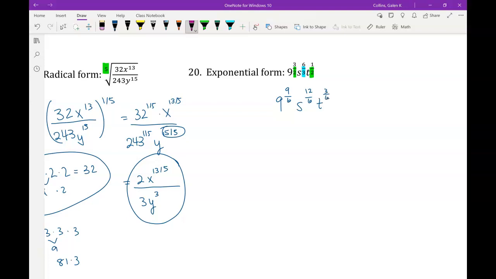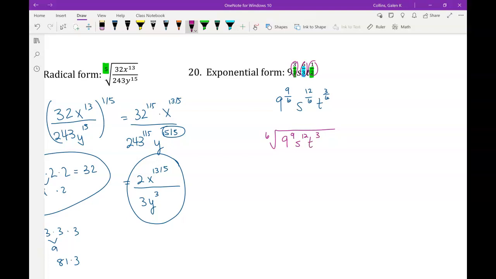So again, I just rewrote these 3 fractions with the denominator of 6. So now we could say this is the 6th root of 9 to the 9th power times s to the 12th power times t to the 3rd power.